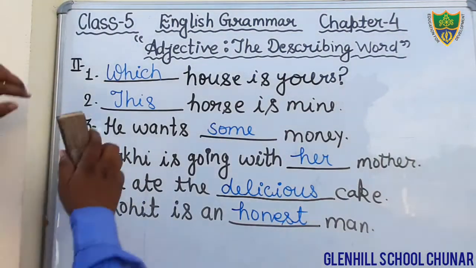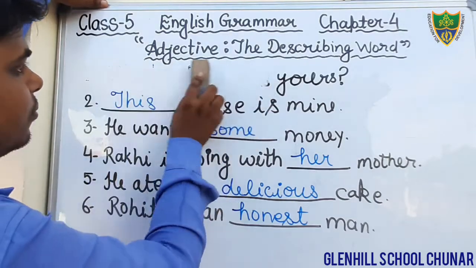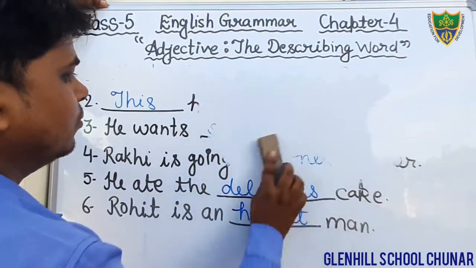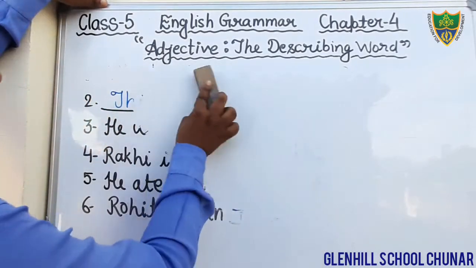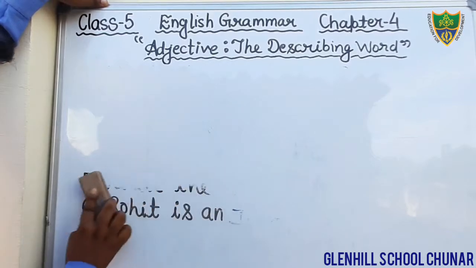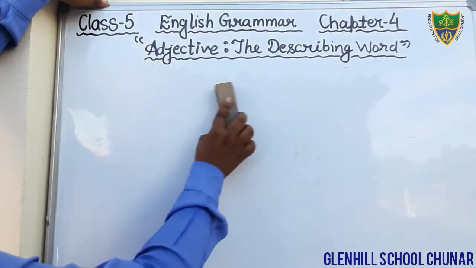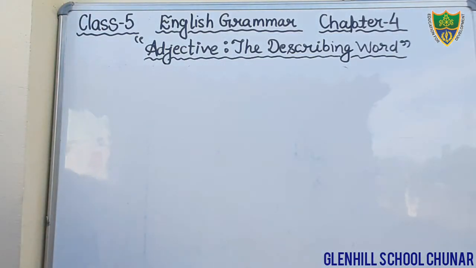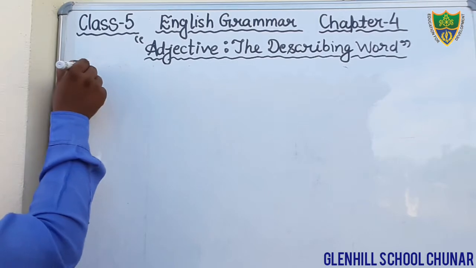Okay, so I am going to erase this. Just see the next question, exercise number 3. There are 3 columns given.